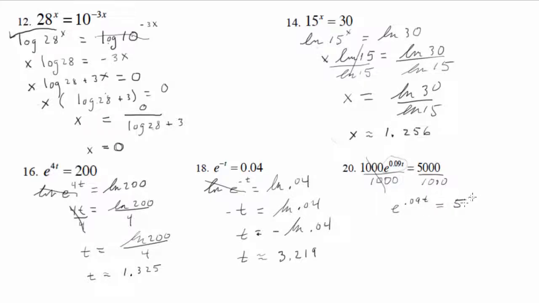is equal to 5. This is a base of e, so I'm going to take the natural log of both sides. And this side is 0.09t, natural log of 5, and then dividing both sides by 0.09.